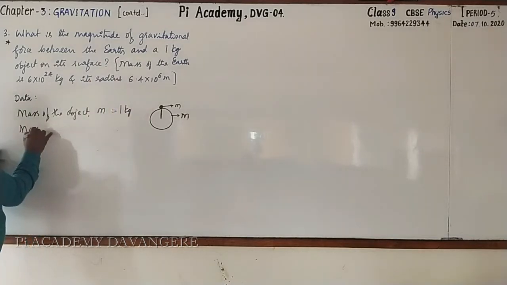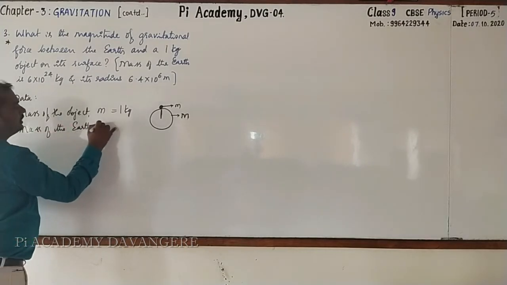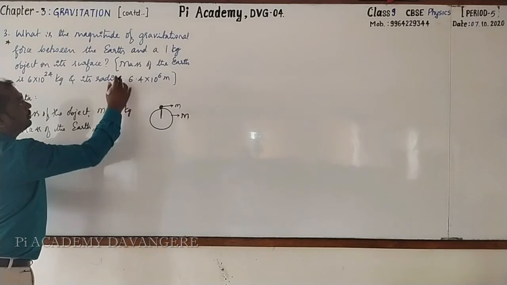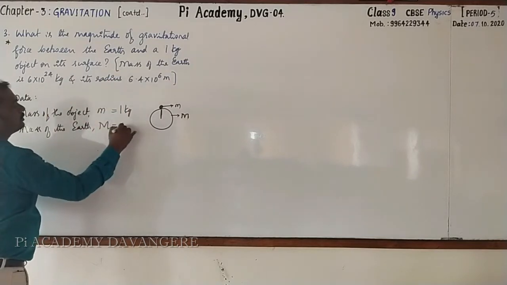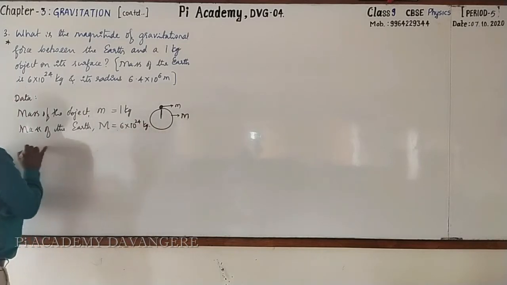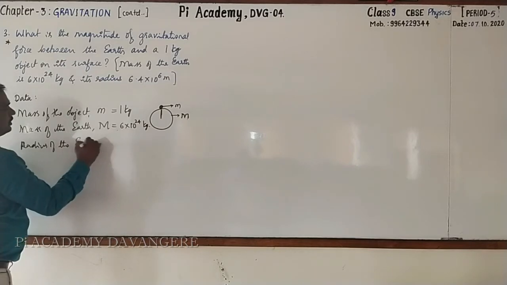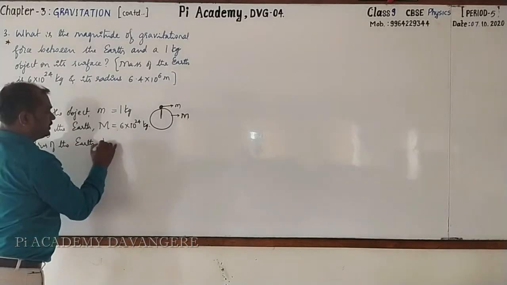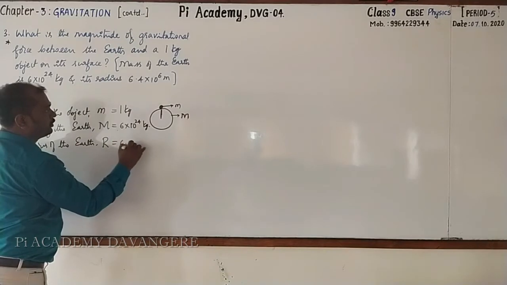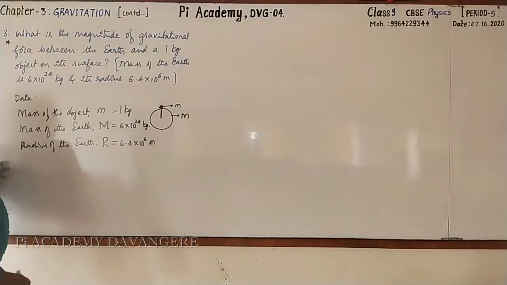Then mass of the earth is capital M. How much? This is 6 into 10 raised to the power 24 kg. Then radius of the earth, this is capital R, is equal to 6.4 into 10 raised to the power 6 meter.